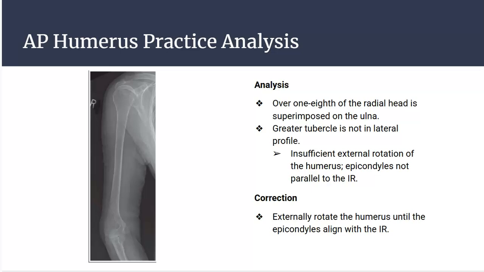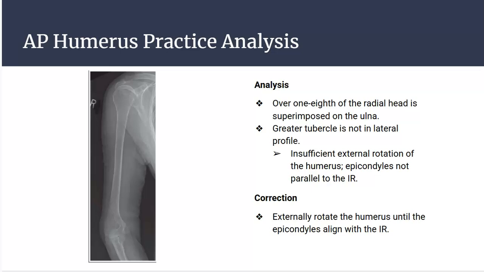As stated before, we want to look at the relationship of the humeral epicondyles and the placement of our greater tubercle and the placement of our radius and ulna to determine whether or not we are positioned in a true AP projection. In this case, the greater tubercle is not demonstrated in profile laterally.